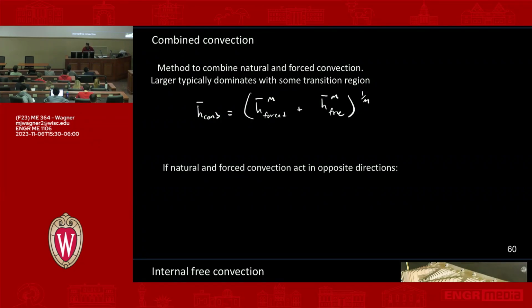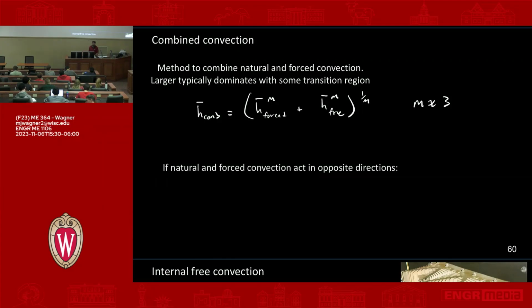Normally we say m of about 3 is pretty normal. So where there's one that's much larger, it drives the value. But in the mixing, or intermediate region, both can be important.